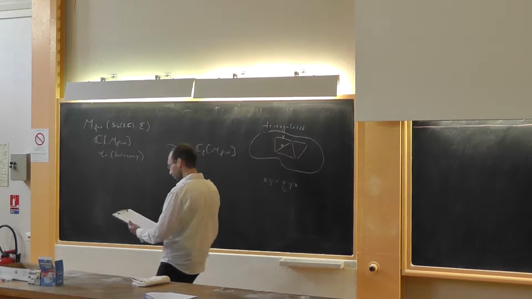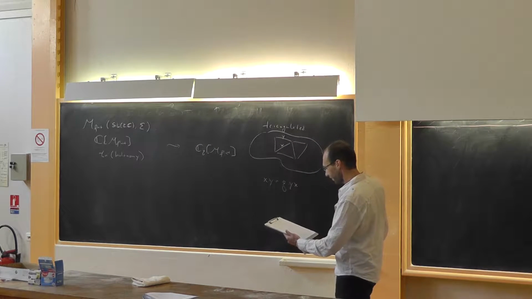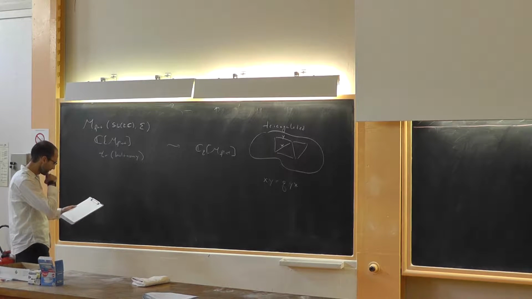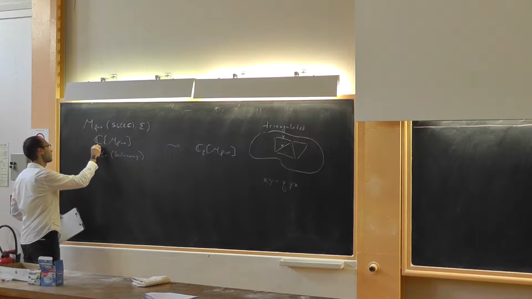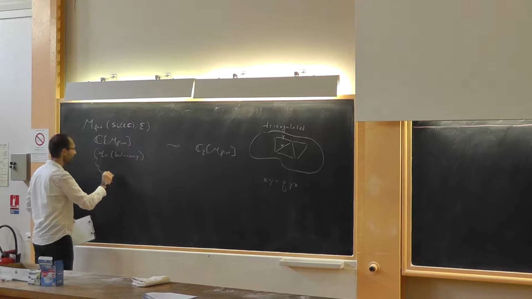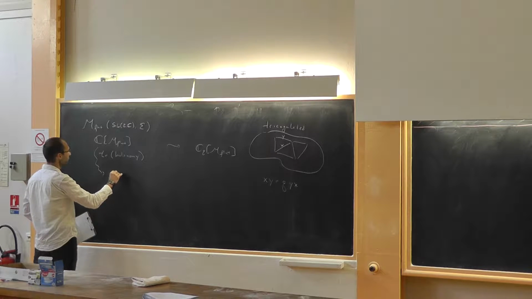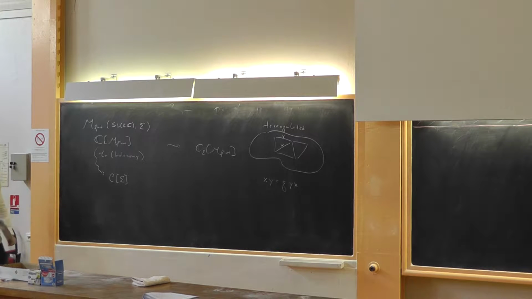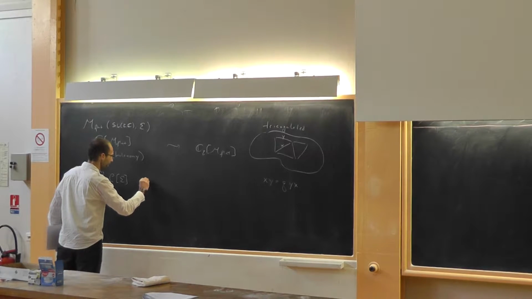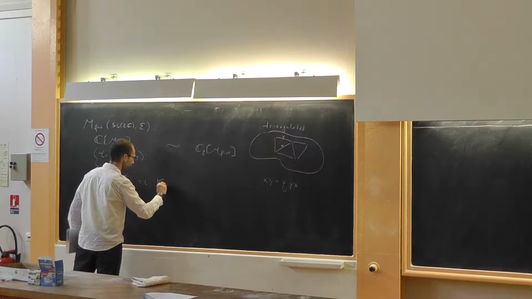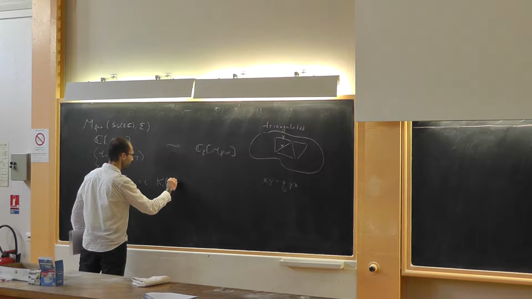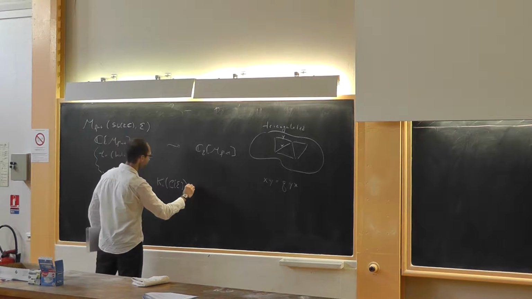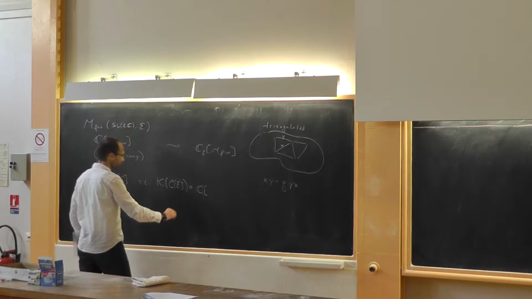Okay. In the case of a surface, I'll explain later that categorification, at least the categorification I have in mind, means promoting functions to a category, C of sigma, such that the Grothendieck group of this category is the same as the classical ring of functions.